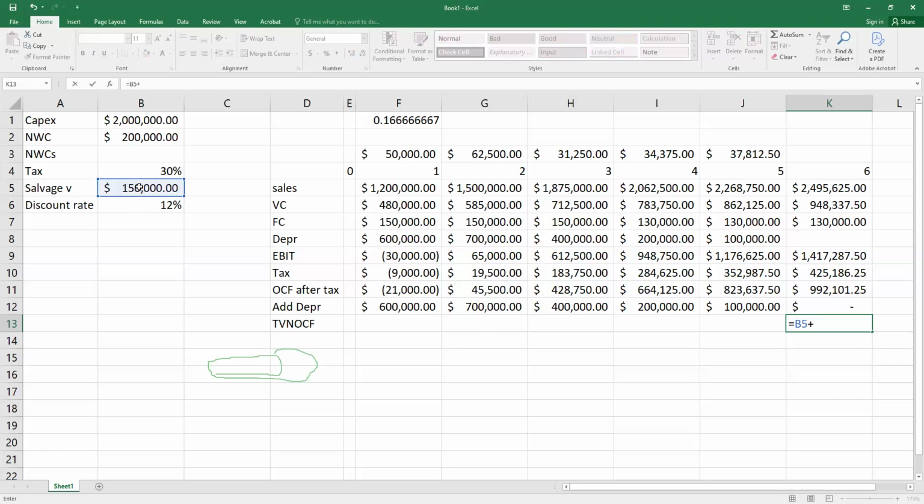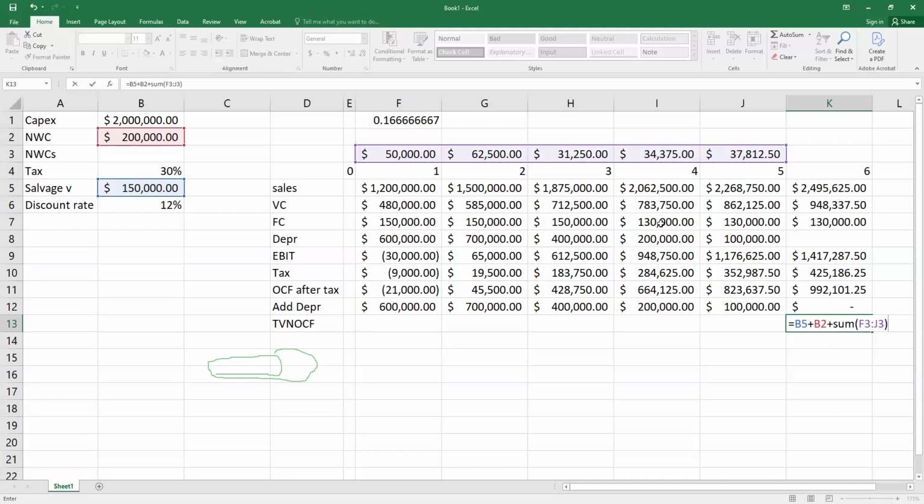Now, in here, we should add all the net working capital that we had in each single year. Previously, we were adding only the initial one that we made in year 0. Now we will add the initial one plus each corresponding year that we estimated. So plus 200,000 plus, I'll just put the word sum and add these net working capitals, like this.